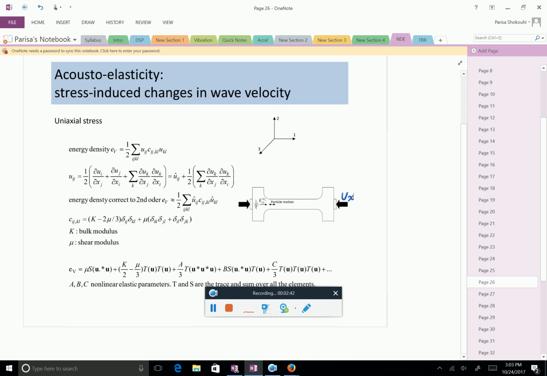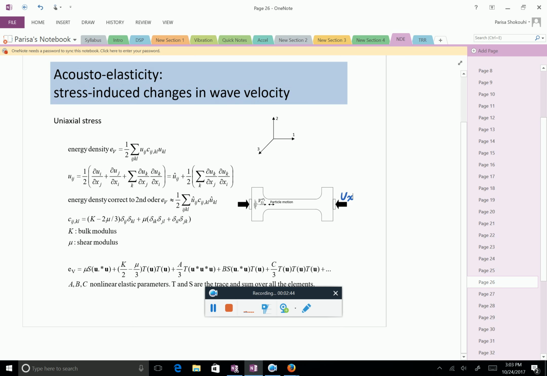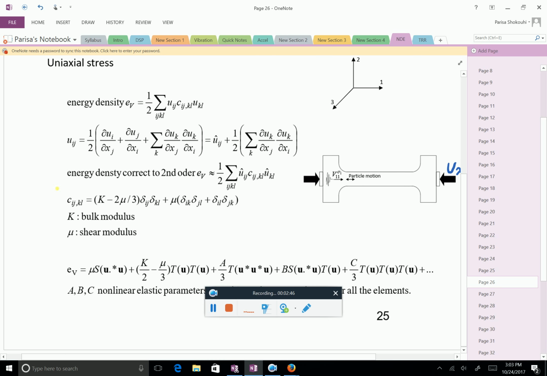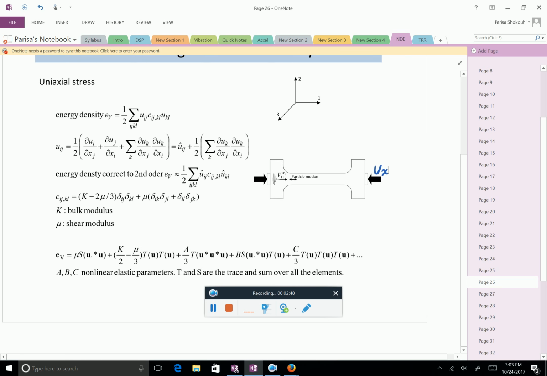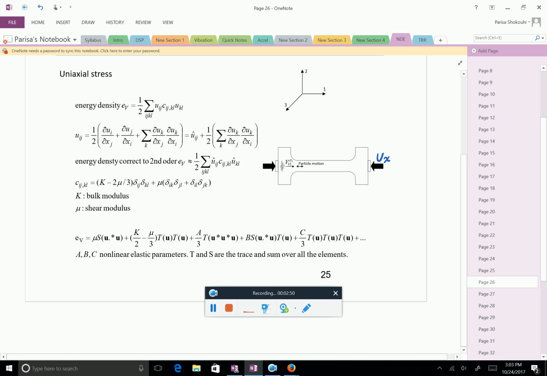So I don't know what the background of each of you in continuum mechanics is, so I try to make this as clear as possible, but you need to ask questions because you guys have very different backgrounds.